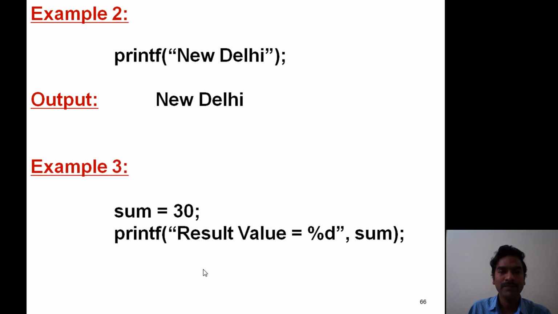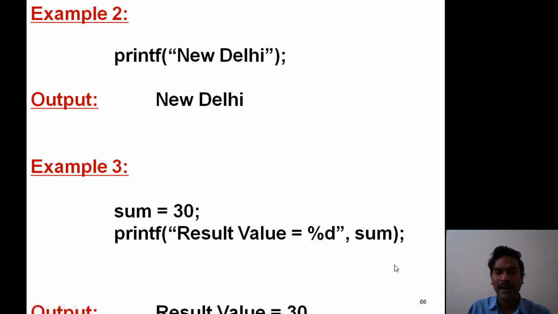Here is one more example. Assume some value is 30. While printing some value, we add some message with the value. For this, printf, within double quotation marks, result value equals %d, and the supporting variable name is sum.